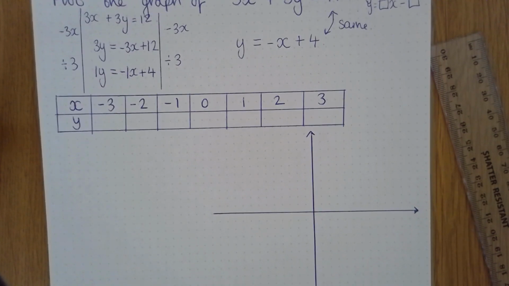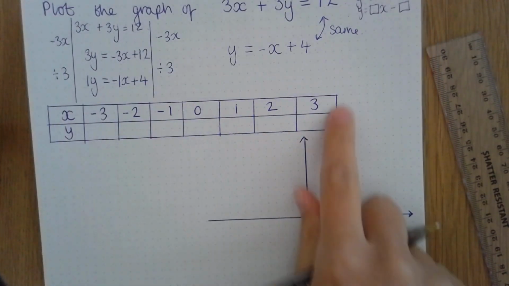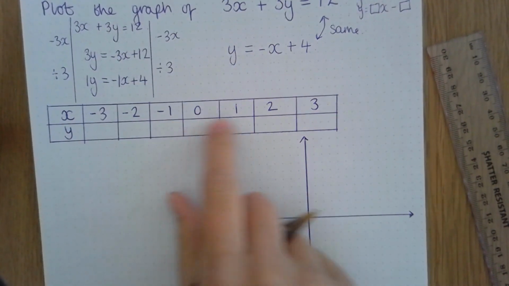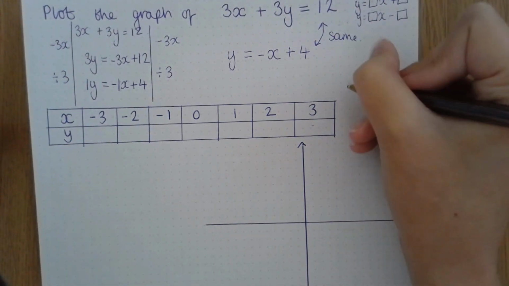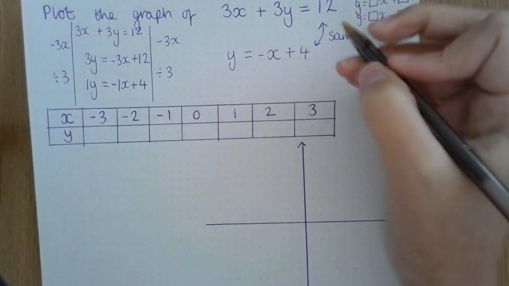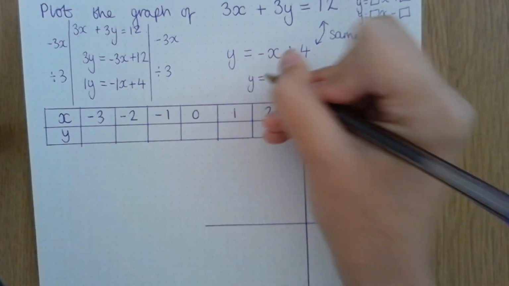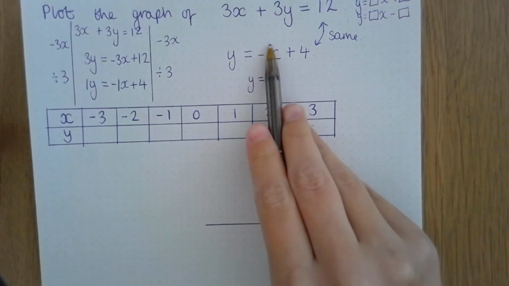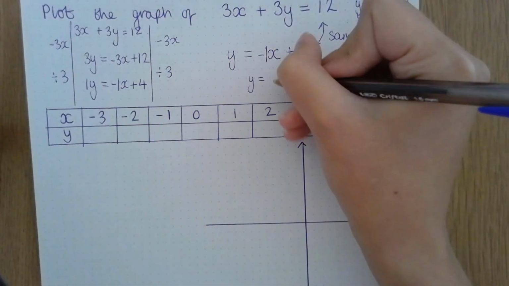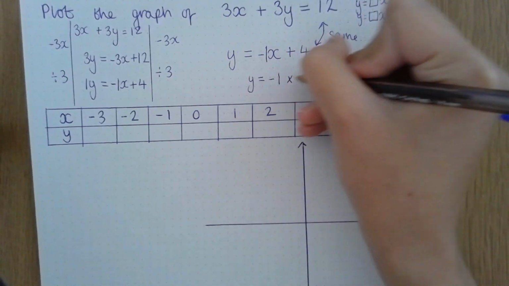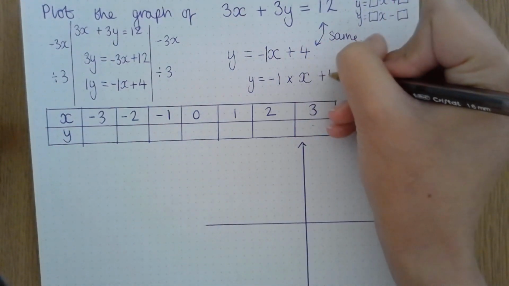So now we're going to use it to plot our coordinates, to find what goes in here to make our coordinates. So this first one, we know that y equals negative x means negative 1 times x, because remember we've got an imaginary 1 there, that means negative 1 times x plus 4.